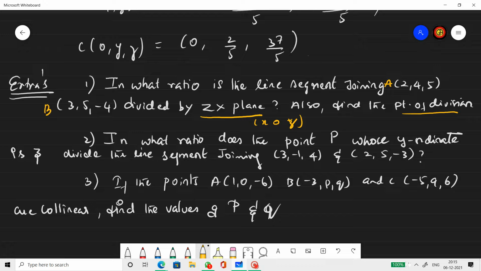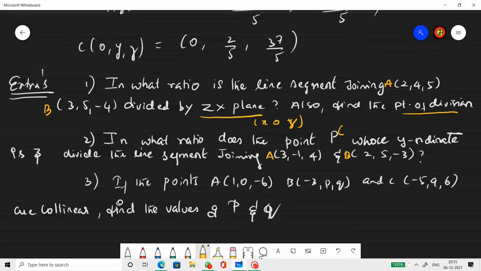Next question, in what ratio does the point P, whose y ordinate is 3, divide the line segment joining so and so? Again, let us consider this as A and B. P's y coordinate alone is given.